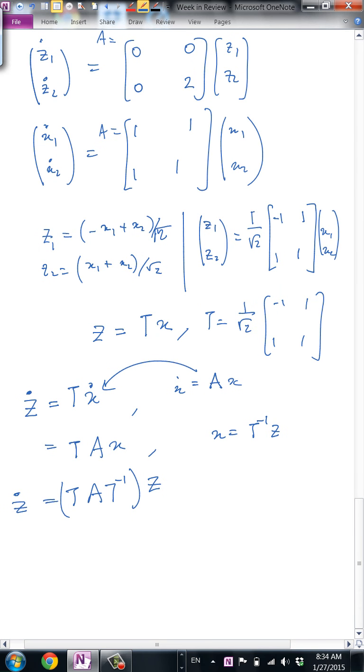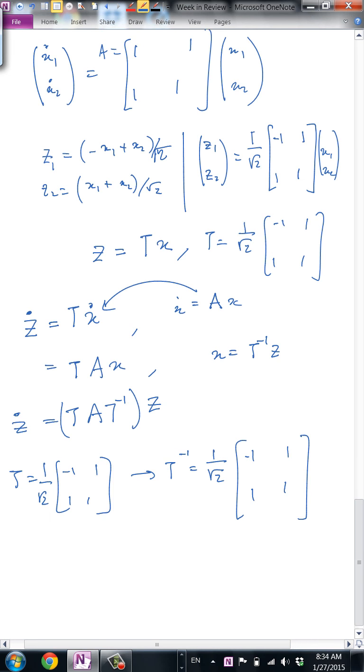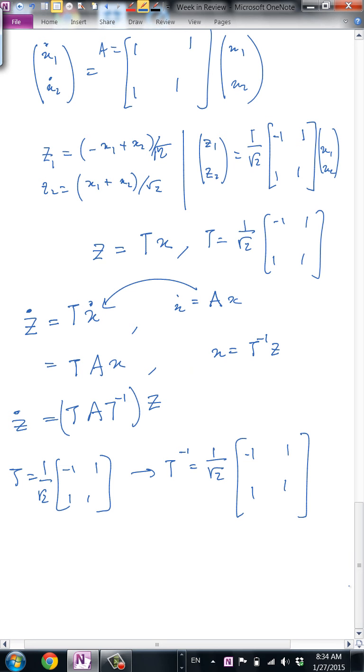So let's do these calculations. If T is equal to 1 over square root of 2 times [minus 1, 1; 1, 1], then you can check, say by hand or by MATLAB, that T inverse is actually going to be the same thing: 1 over square root of 2 times [minus 1, 1; 1, 1]. And now let's look at this calculation.